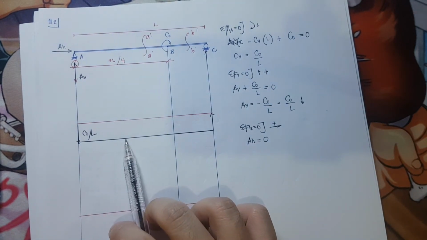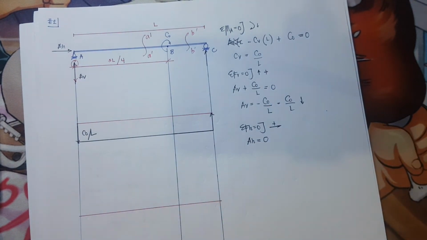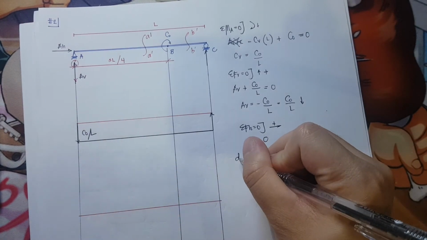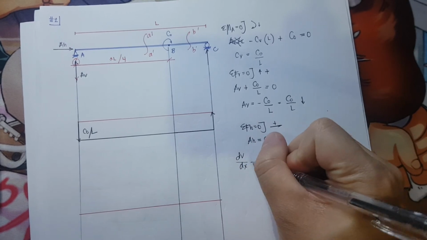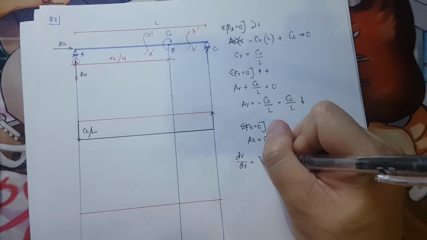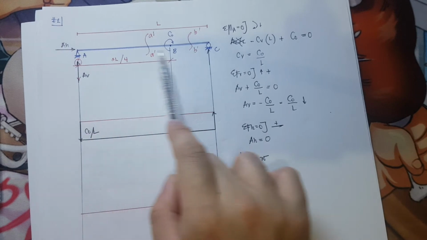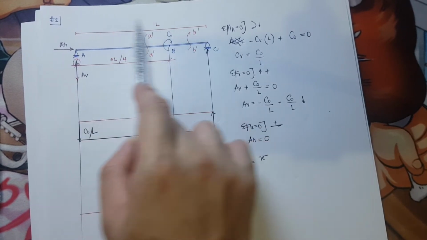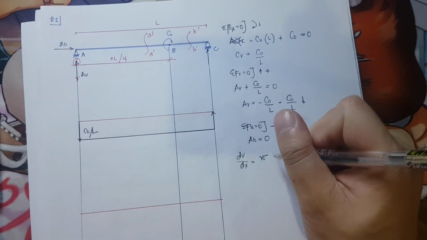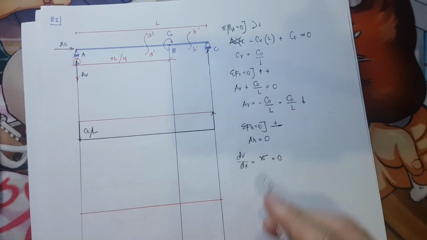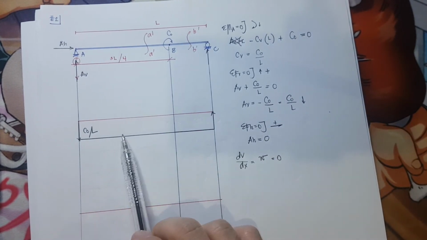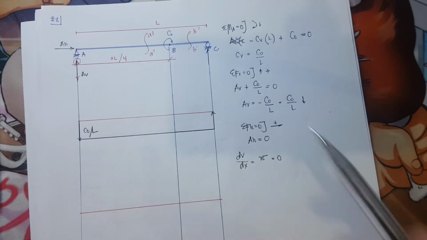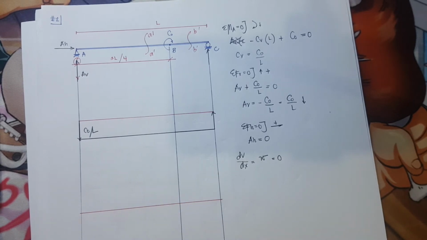So let's verify whether we have here a 0 slope. The derivative of shear with respect to x is equivalent to the load. But do we have a change of loading here, or do we have a load here? It is 0. Therefore, the slope of our shear diagram is 0. Okay, so our diagram is correct.